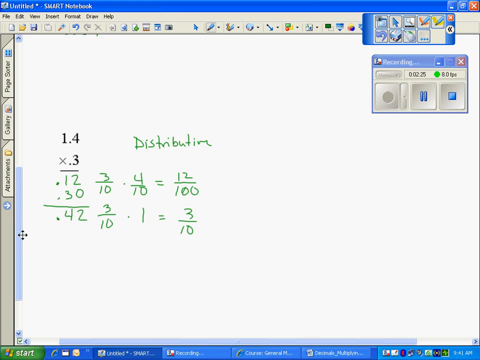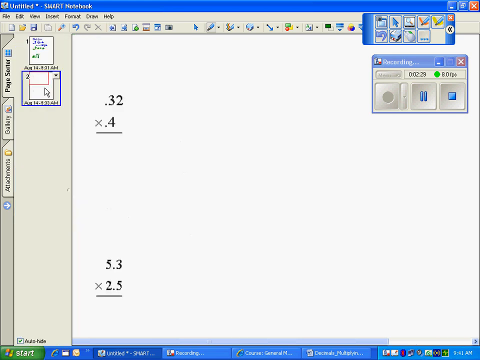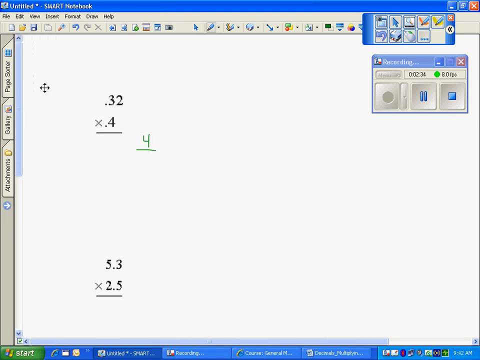So the answer to that is 42/100ths. Again, using partial products, I have 4/10, and that gets distributed to the 3/10. Multiplying, I get 8/1000ths, and multiplying here I get 12/100ths.